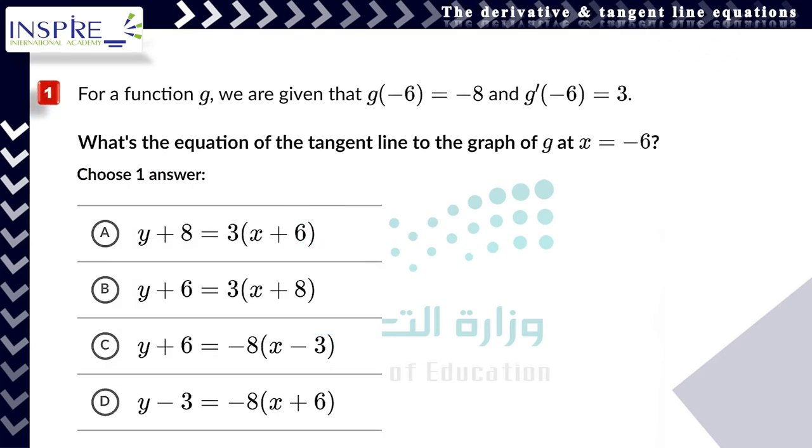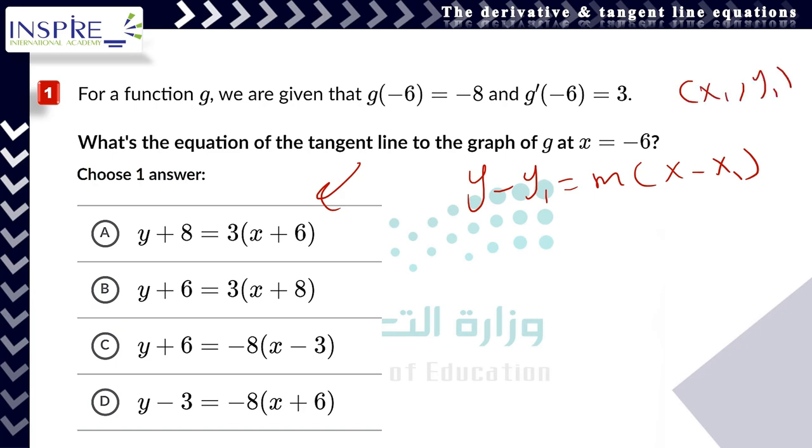Okay, this one, we need to find the equation of the tangent line of the graph of g at x equals -6. At first, we notice in our choices we have the tangent formula in point slope form, which is y minus y1 equals m times x minus x1. So you have the point x1 and y1, and you have the slope m.